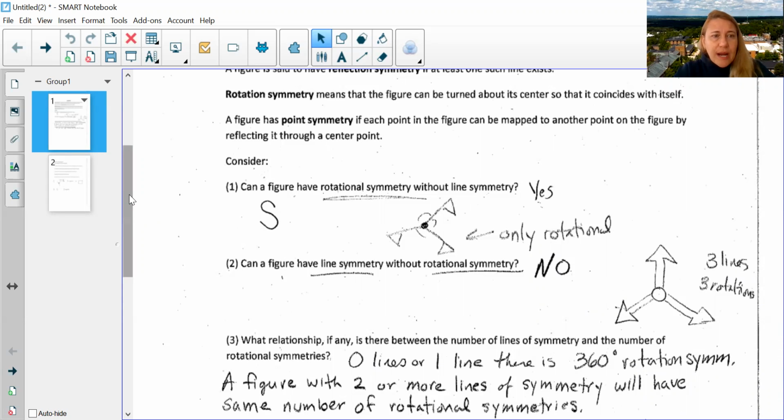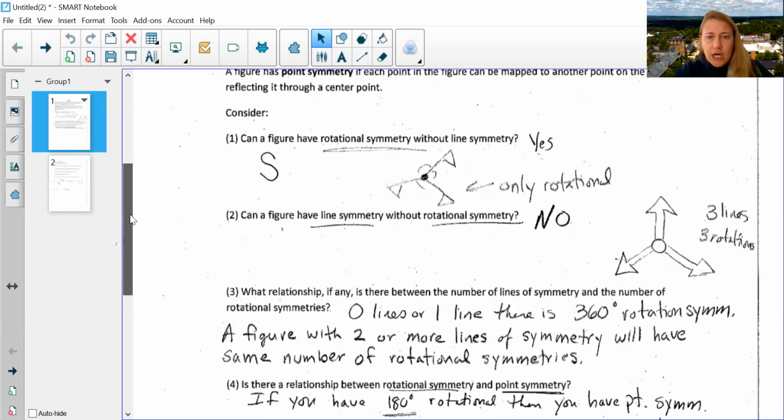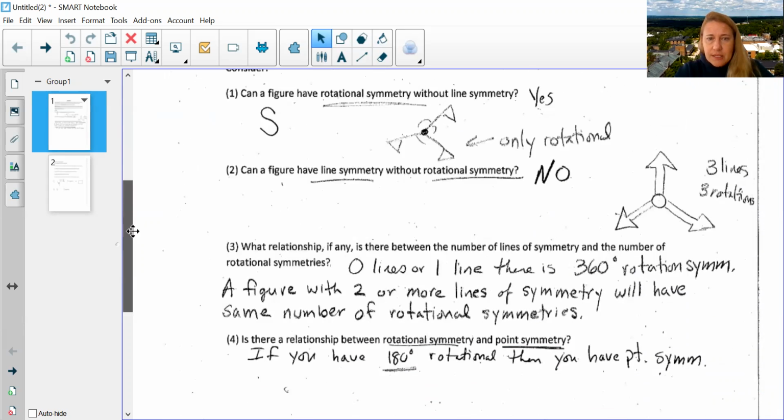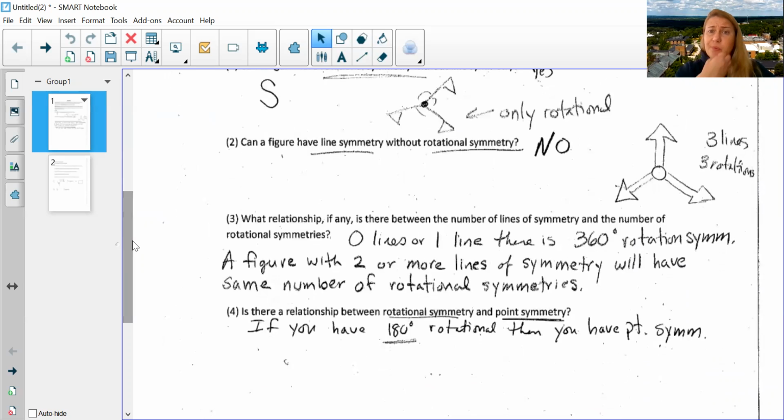So on what I've asked you to do for the POW, there are a couple problems that will say no solution. I hope you recognize those when it's impossible based on these rules. For example, if I said, draw me a figure that has 4 lines of symmetry, but 5 rotational symmetries.